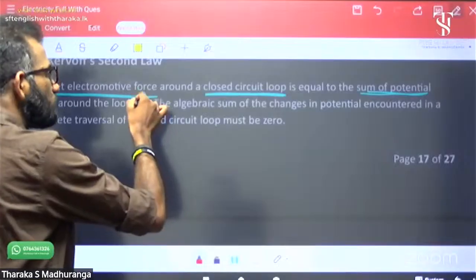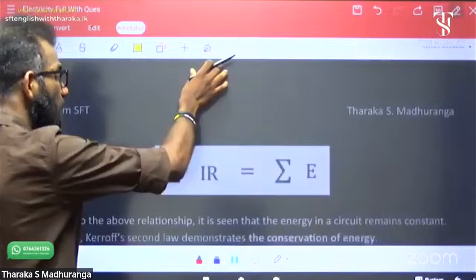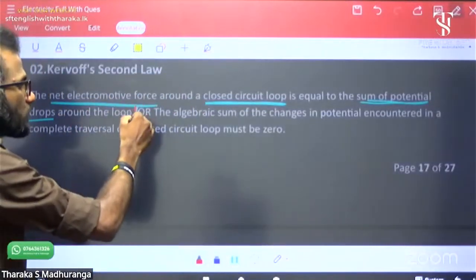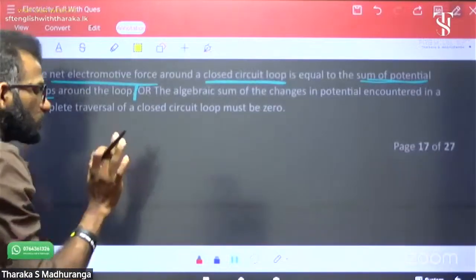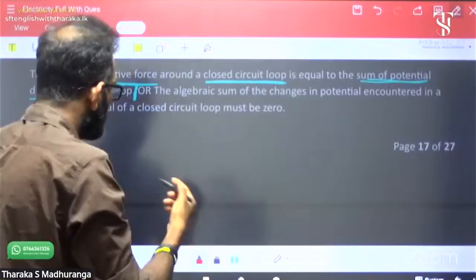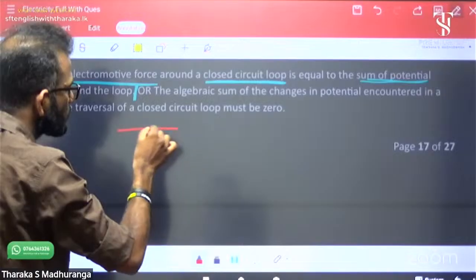Okay, don't think about this second sentence, you can understand it later. First understand this first point. First you need to understand the meaning of closed loop. A closed circuit loop is like this.